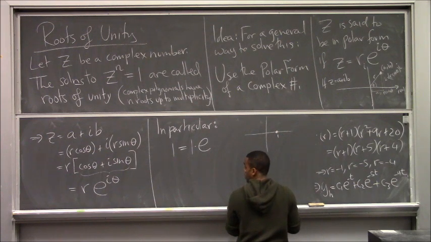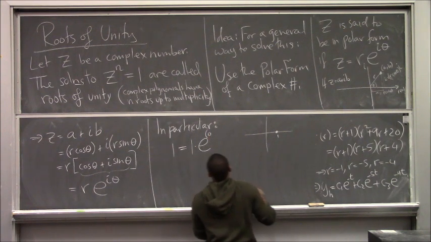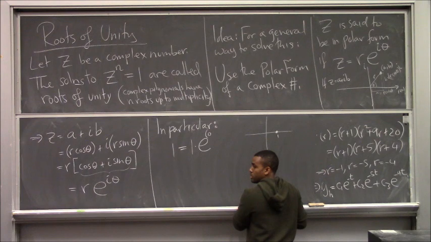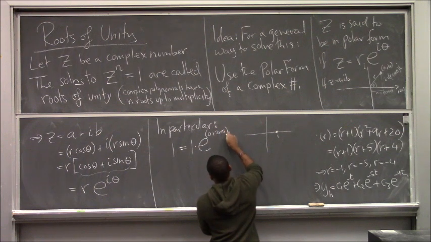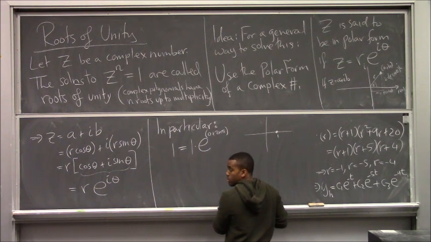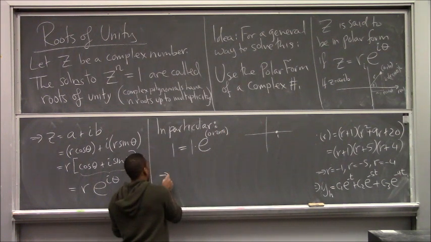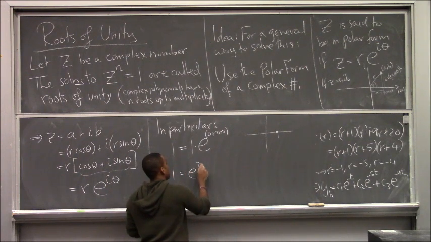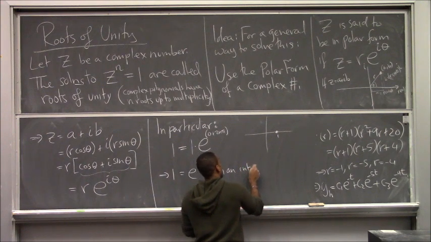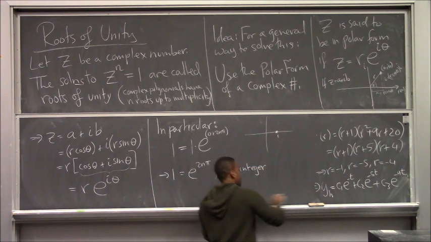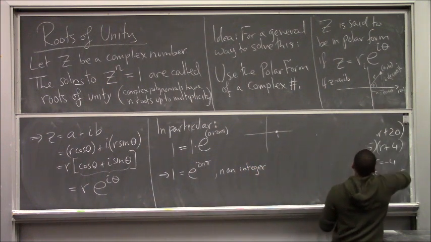That's just the real number 1. What's the angle? 0. Well, it's 0, but since we're dealing with an angle, there are actually an infinite number of them that will work. Every time I add a 2n pi, this is still a solution. So I can think of 1 as e to the i 2n pi for all n. We'll see how this actually fits together pretty soon.